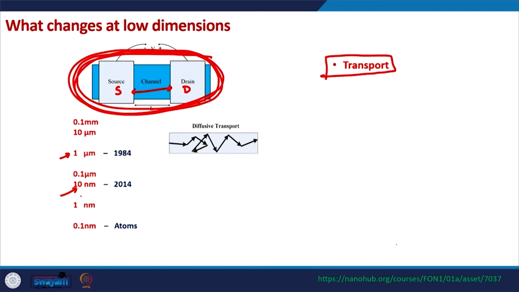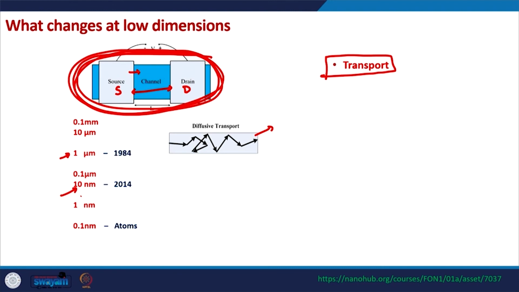In larger systems or in the bulk devices, generally the picture of the electron transport is something like this, in which the electron, let's say, starts from the left side, and it has many atoms in the channel region, because the channel is long, the channel is few micrometers.